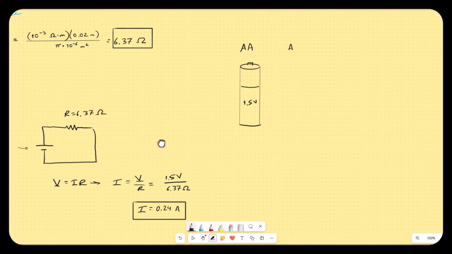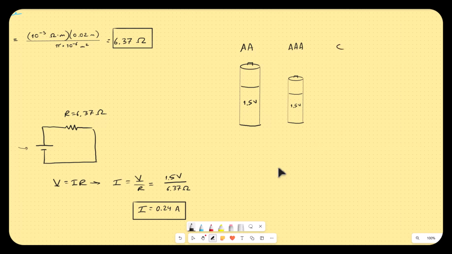A AAA battery, which looks so much like it that I'm just going to copy it and shrink it down, is actually also 1.5 volts. That's not just convenient to copy.